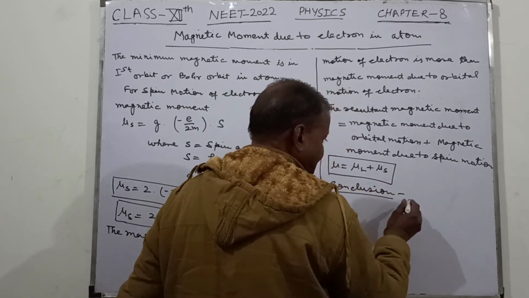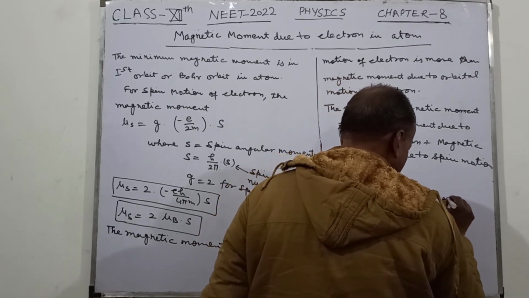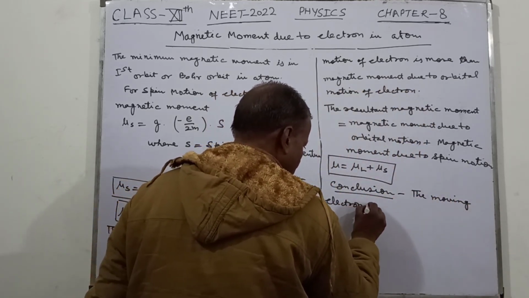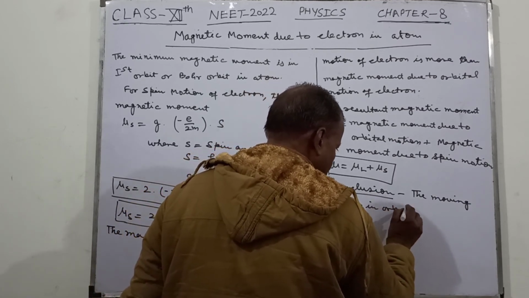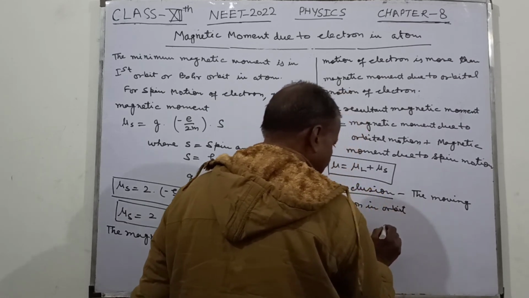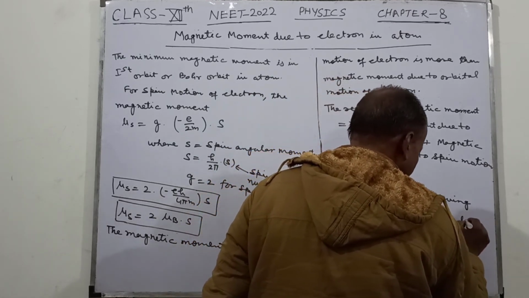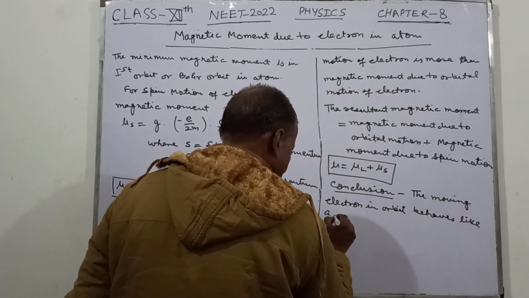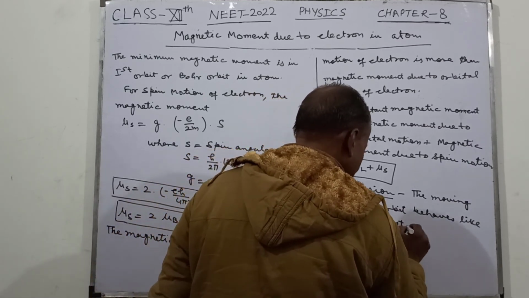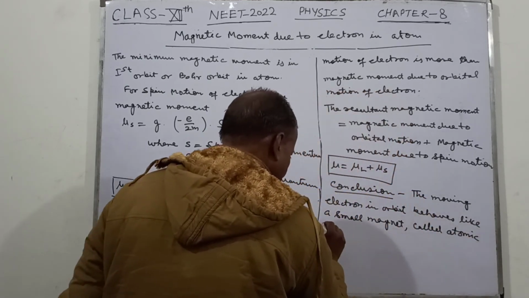The conclusion is that the moving electron in orbit behaves like a small magnet called an atomic magnet.